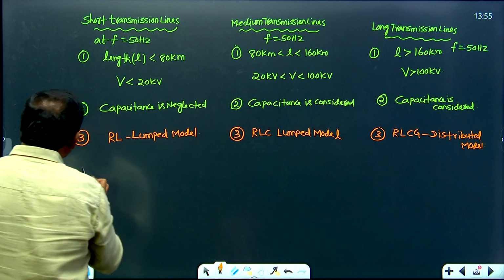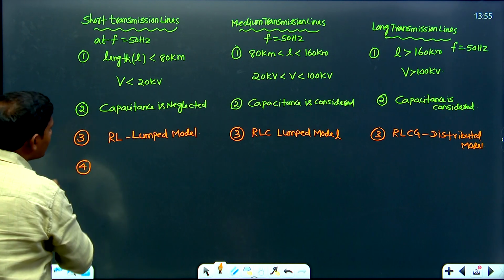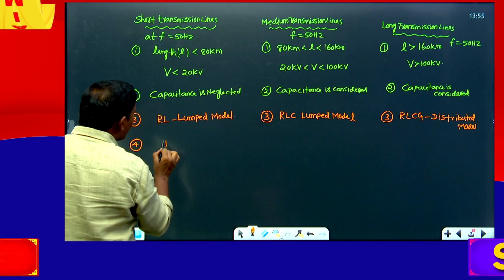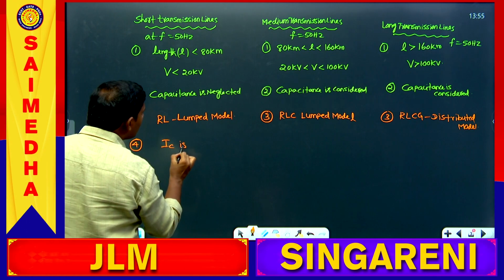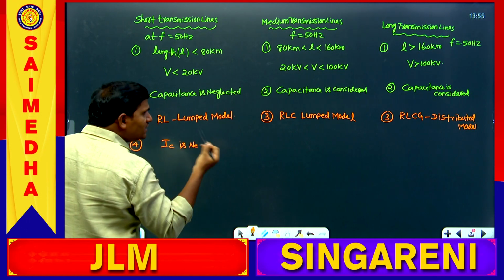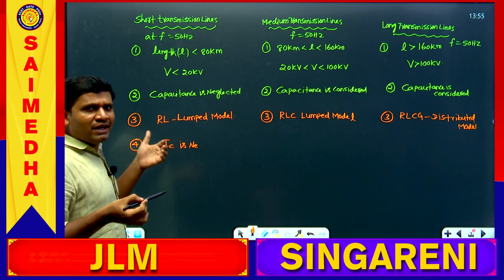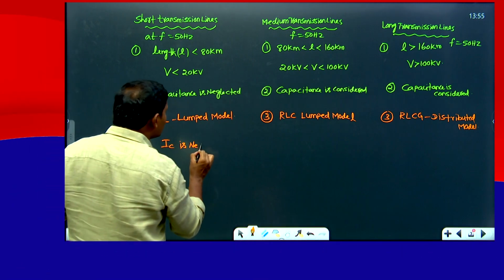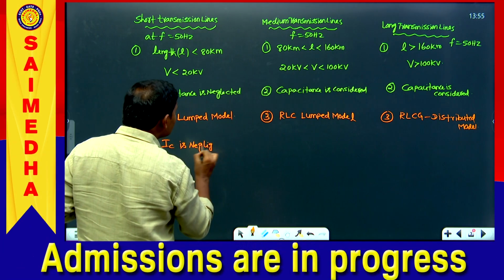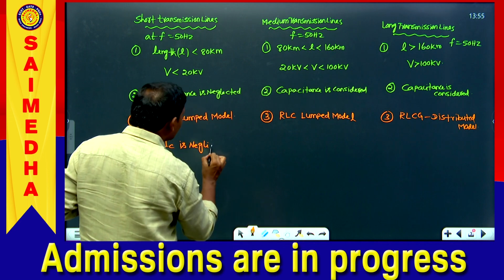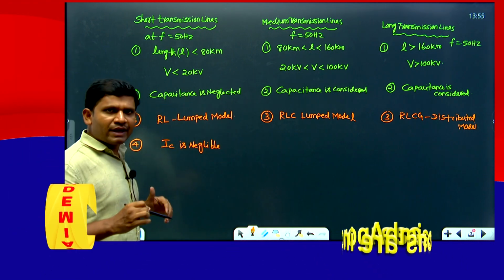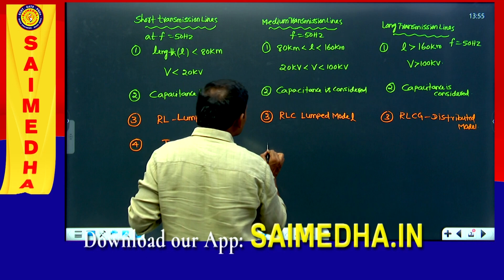Then one more difference that you have to remember. This is IC. That is, IC is negligible. IC is the charging current, because here we are not considering any capacitance, so IC is negligible. In the analysis of short transmission lines, IC is negligible. What about in medium transmission lines, friends?